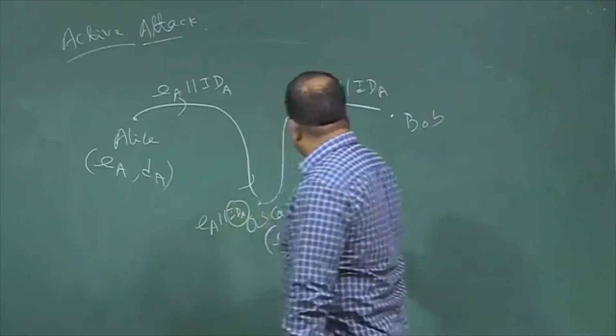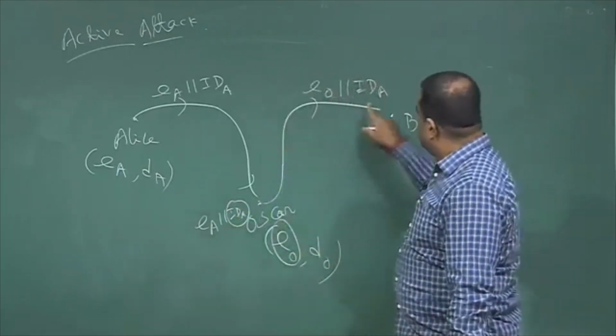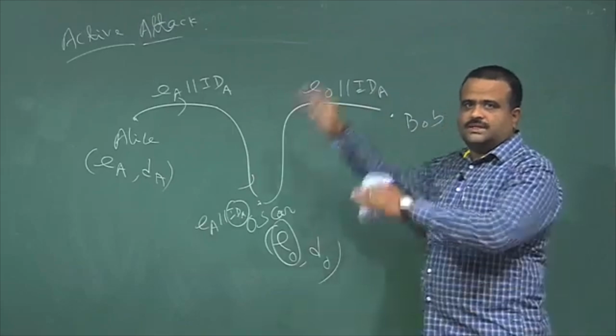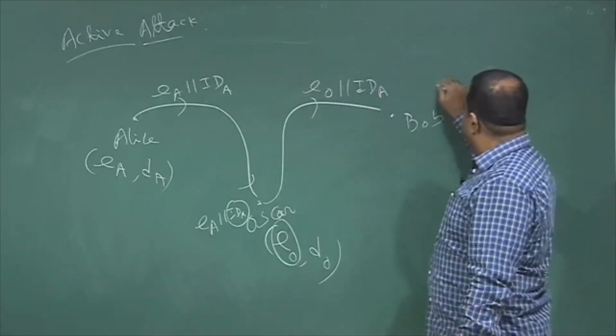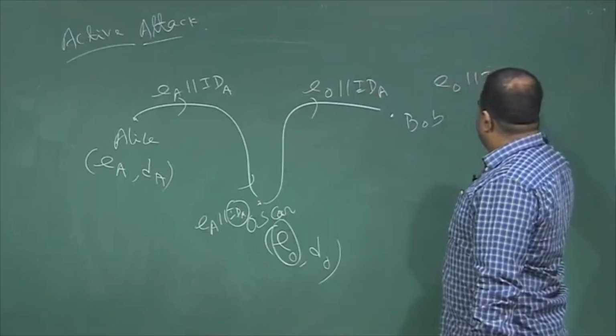So Oscar will send Oscar public key with the Alice ID through the public channel to Bob. Now Bob is receiving E_O and ID of A.